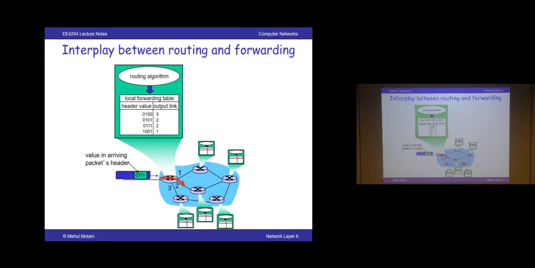The second column says the routing algorithm figures out the next hop, and that next hop is available on that interface. So the route to 0100 has a next hop accessible on interface 3. That's how the routing algorithm determines the forwarding table. That's why we say the network layer's job is routing.